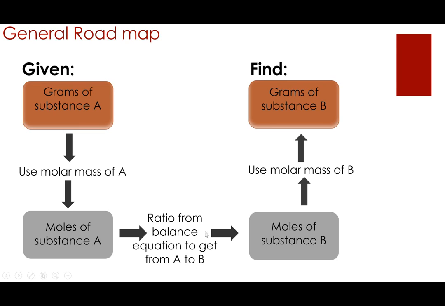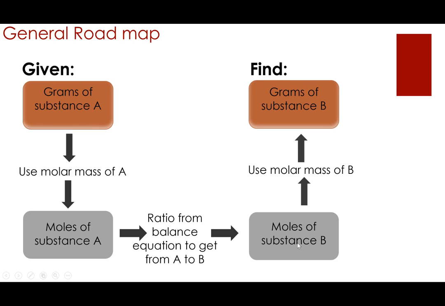So we're going to use the ratio of coefficients from the balanced equation. And that's how we'll get from A to B. So 2 eggs, 5 pancakes. 1 cup of flour, 5 pancakes. That's the ratio there. Okay.